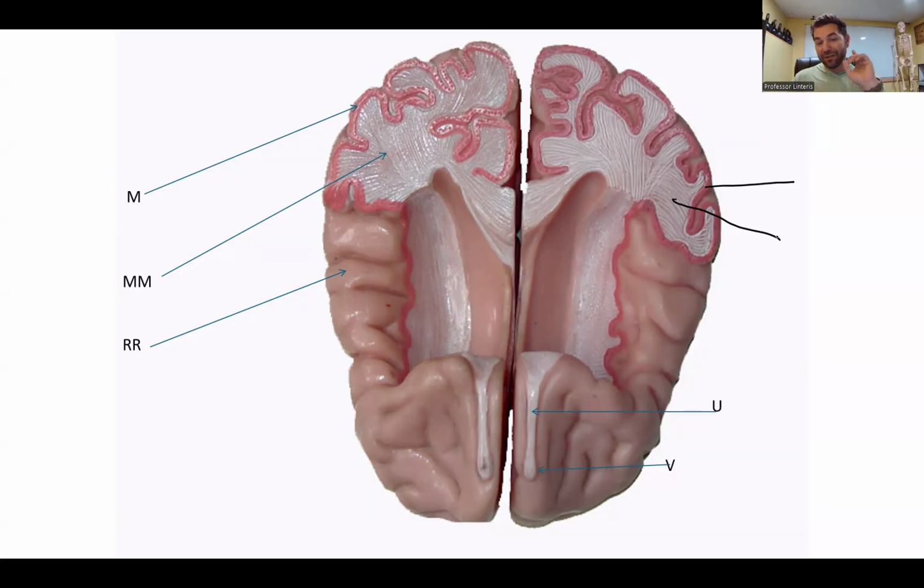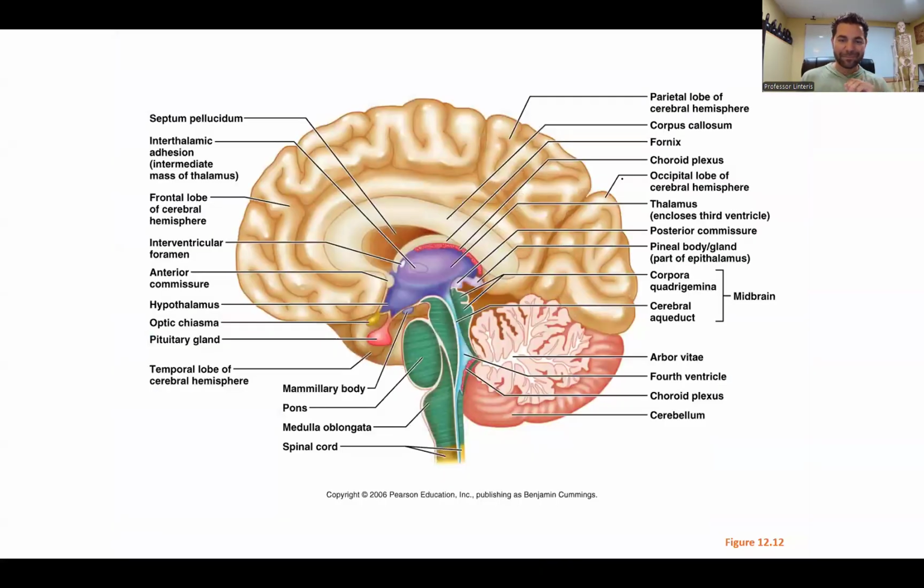The main thing I like to look at on here is the difference between the cell bodies, here in the cortex, where the cell bodies of those neurons are found, and then all these axons in the white matter underneath the cortex. Obviously, those are going to be running to a bunch of brain areas that we will discuss. And I will show you a couple of these other arrowed structures as we progress through the lab.